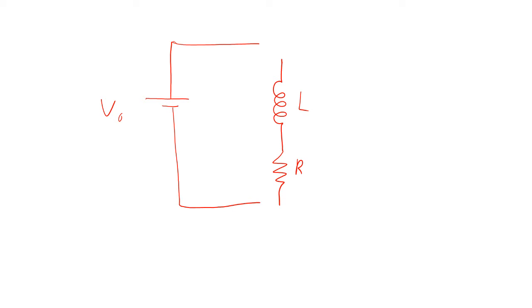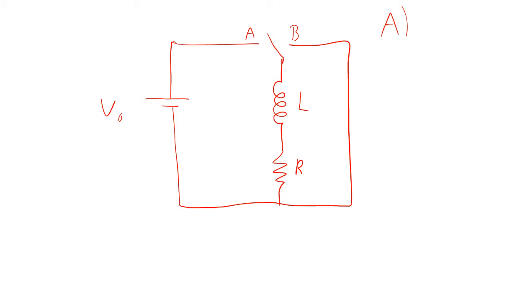For my circuit, we've got a power supply, we'll just call it V0, an inductor L, a resistor R, and a switch up here that can go from position A to position B. We're going to start off with the switch in position A.